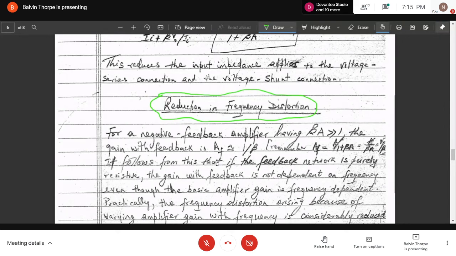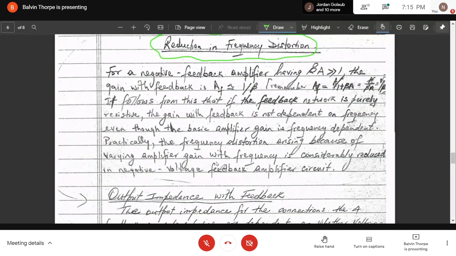There are no frequency dependent components in their feedback. So that's what this is telling you in a nutshell.